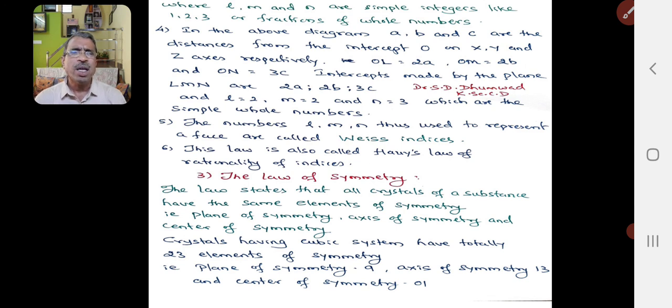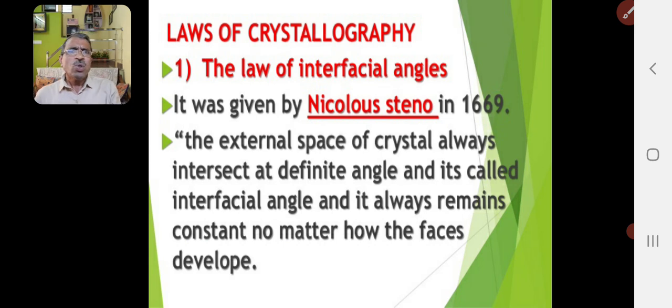Suppose you take a cubic crystal, any cube, it has a total of 23 elements of symmetry. Like this, different crystals have a definite number of symmetry elements, hence the law of constancy of symmetry.